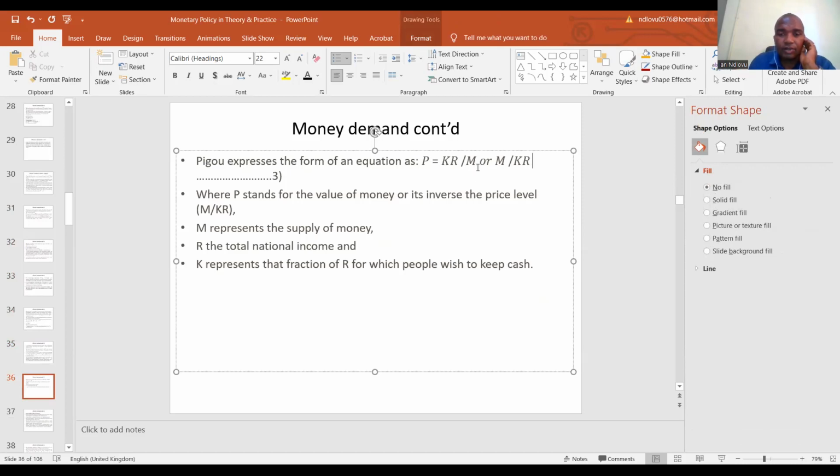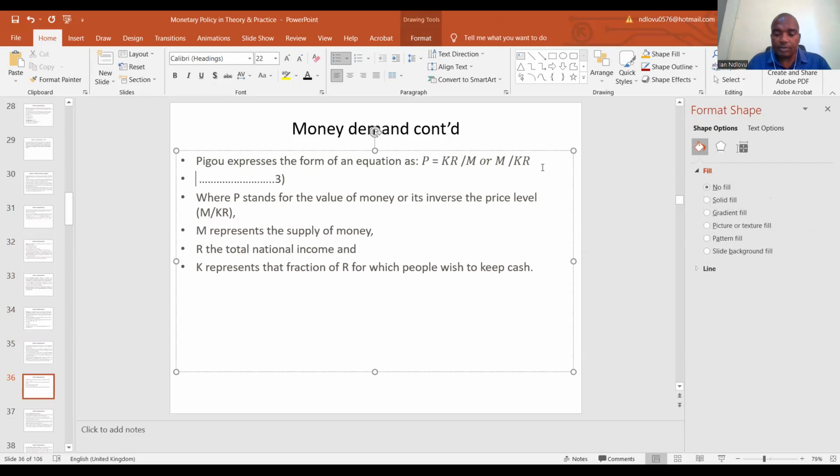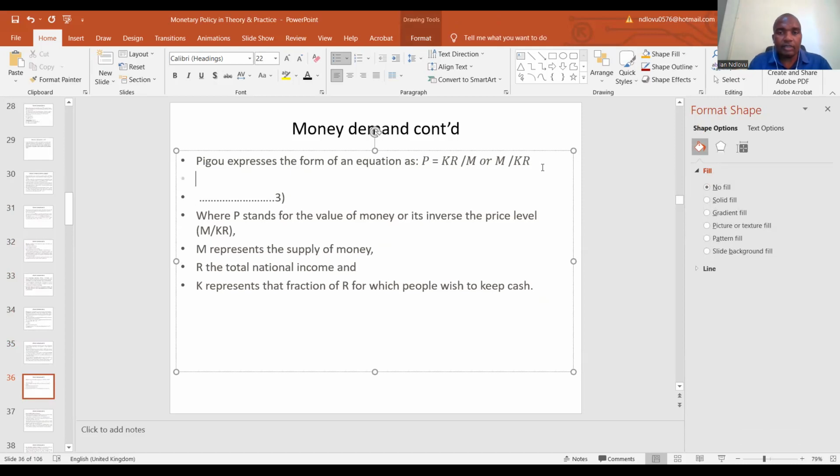If P is equal to KR over M, for us to have M over KR, we can cross multiply. We can experiment, ladies and gentlemen, by saying I've cross multiplied by M, PM is equal to KR.